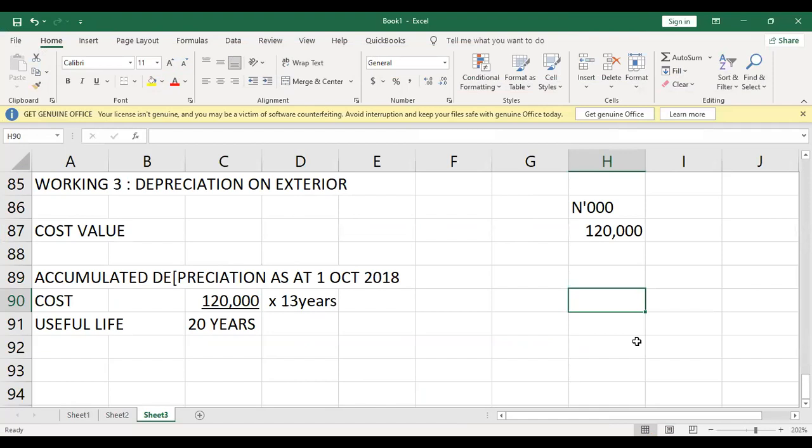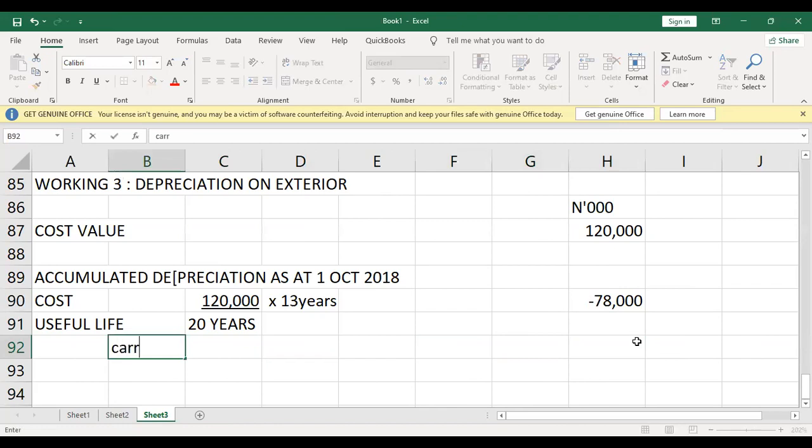So what do we have? We have 78,000 as depreciation. What will be the carrying amount?